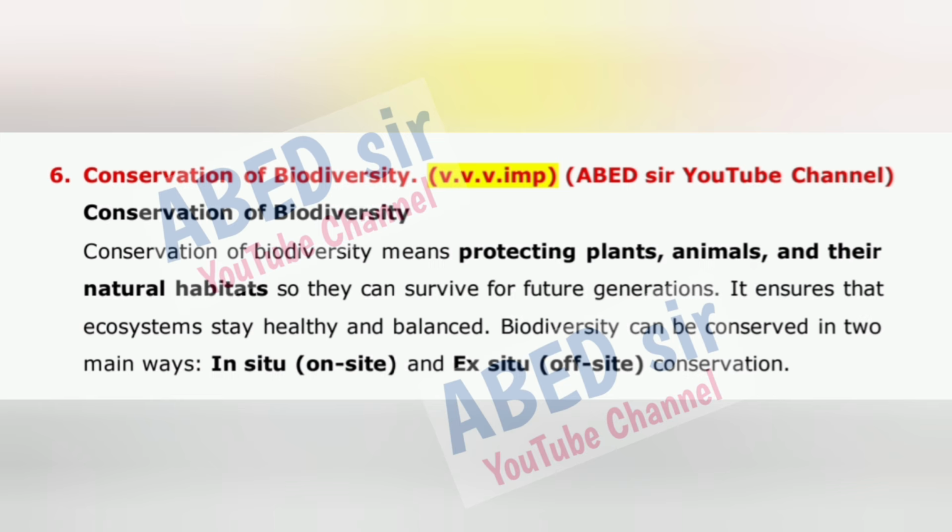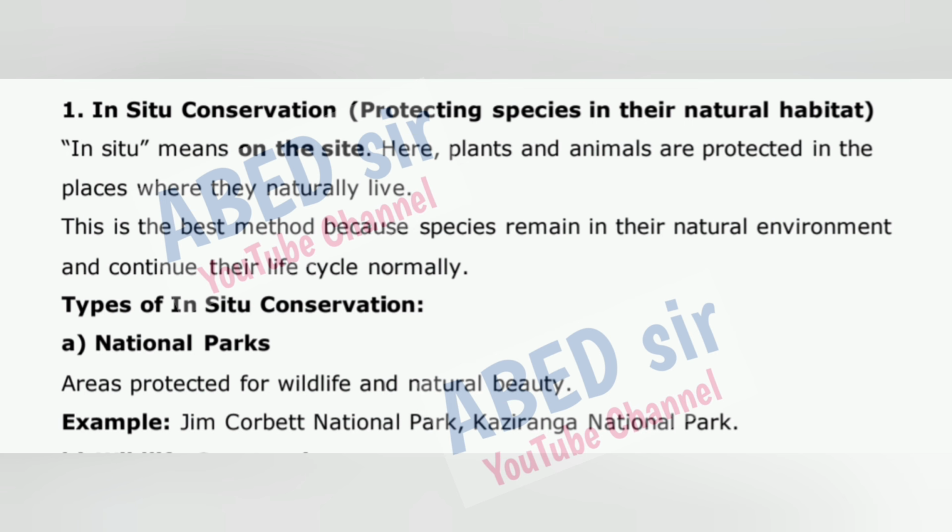In situ conservation, protecting species in their natural habitat. In situ means on the site. Here, plants and animals are protected in the places where they naturally live. This is the best method because species remain in their natural environment and continue their life cycle normally.